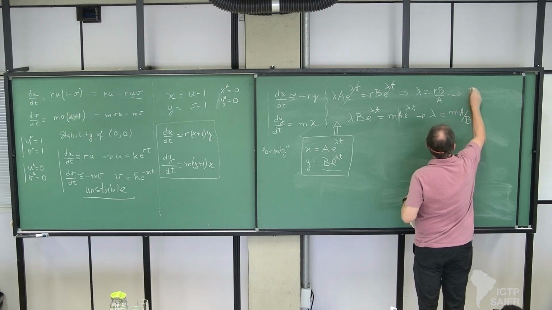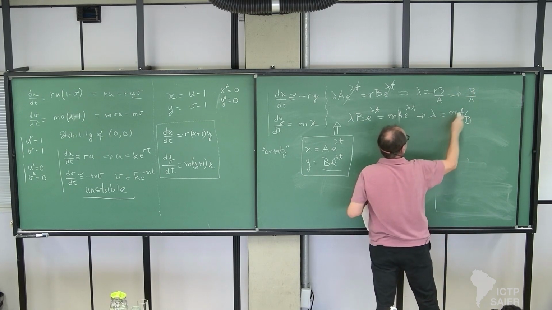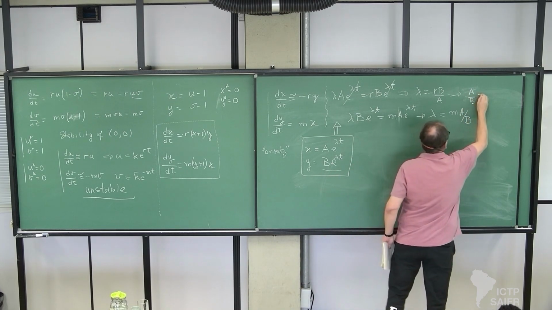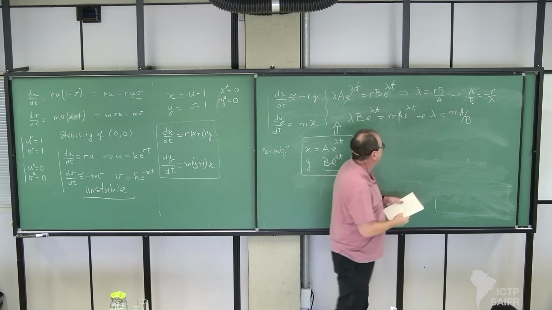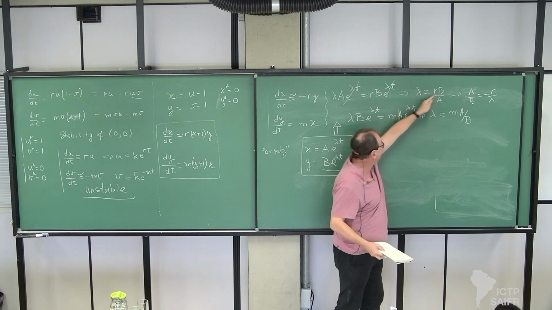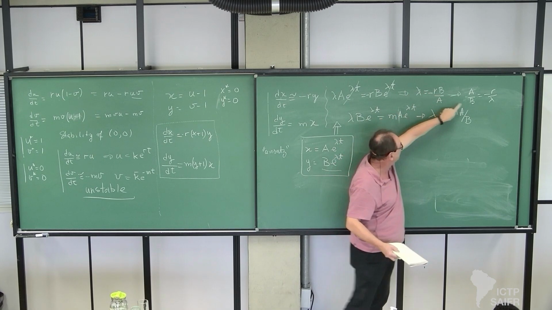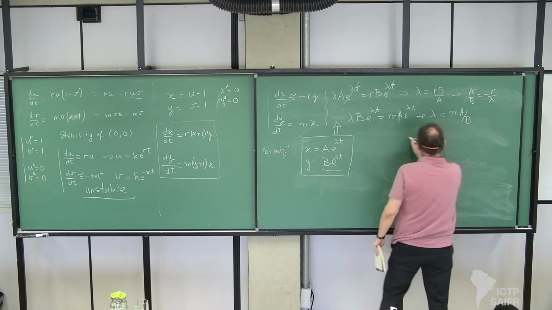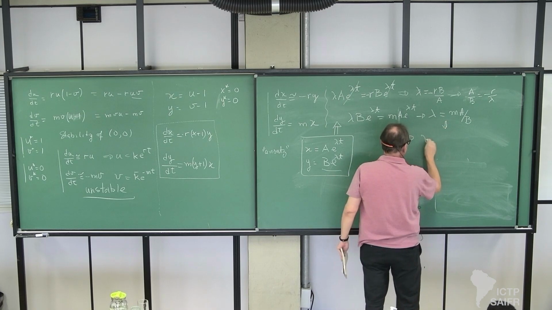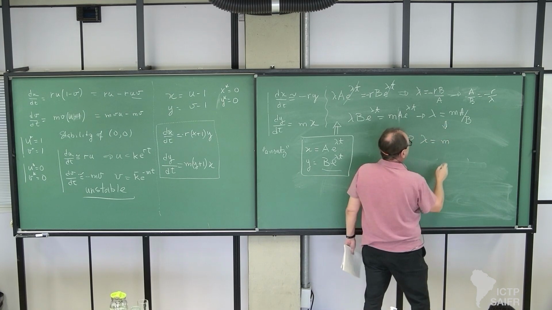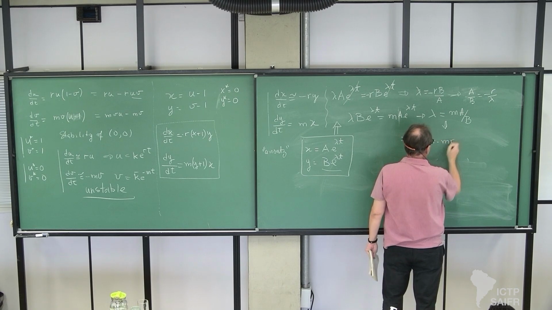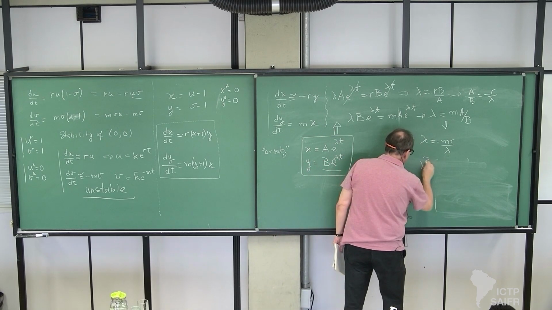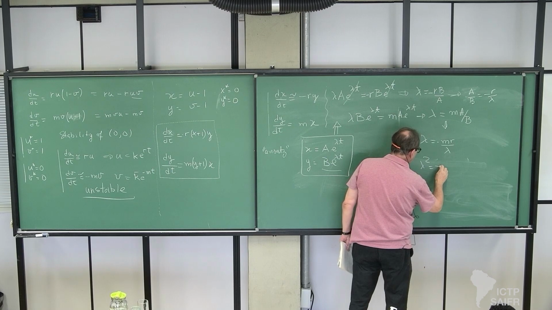This implies that I can invert this: a over b will be minus r over lambda, okay? You agree? I put this a here, I put this b here, and I could get the lambda here. It's minus r over lambda. Therefore, you get an equation here. So this implies, using this one, that lambda is equal to m times minus r over lambda. Therefore, lambda squared is minus mr.